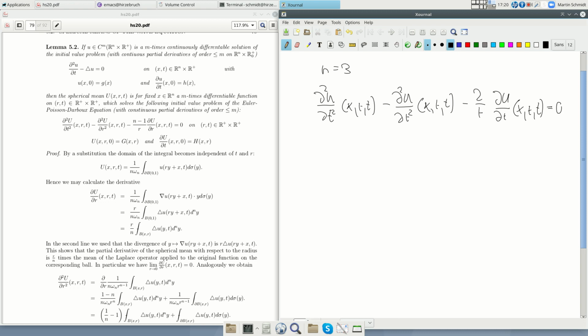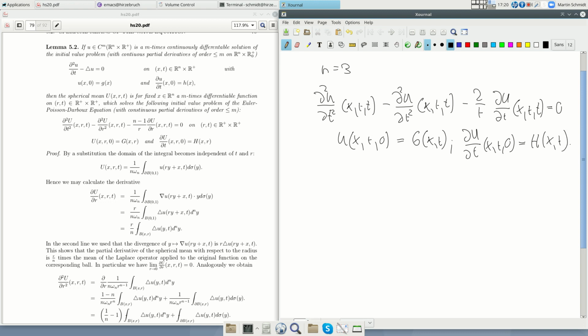And of course we have the initial values: u of x, r, 0 is g of x, r, and du by dt of x, r, 0 is h of x and r.